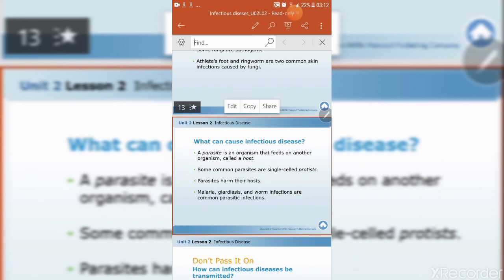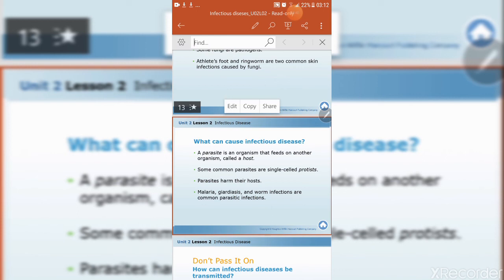Another example of a protist is the plasmodium. Plasmodium is a kind of protist that causes malaria. This is a very severe disease. Alhamdulillah, it is not common now, because it is transmitted by a type of mosquito. In some places it can spread.